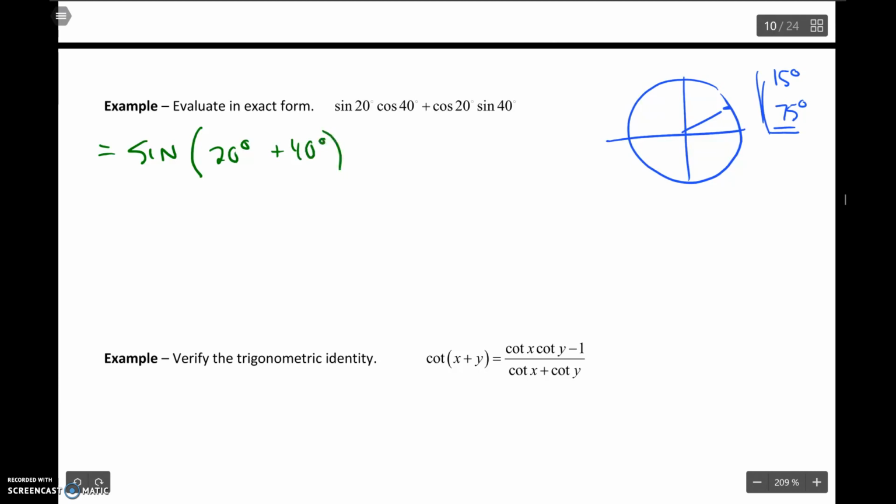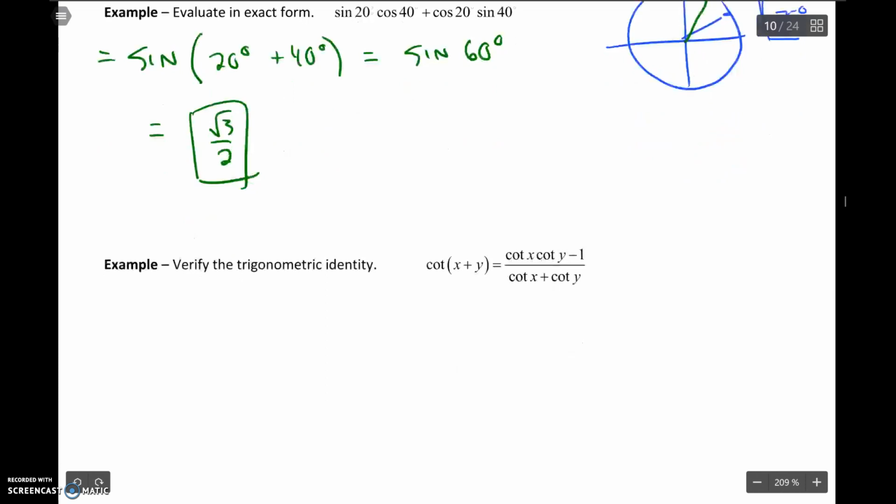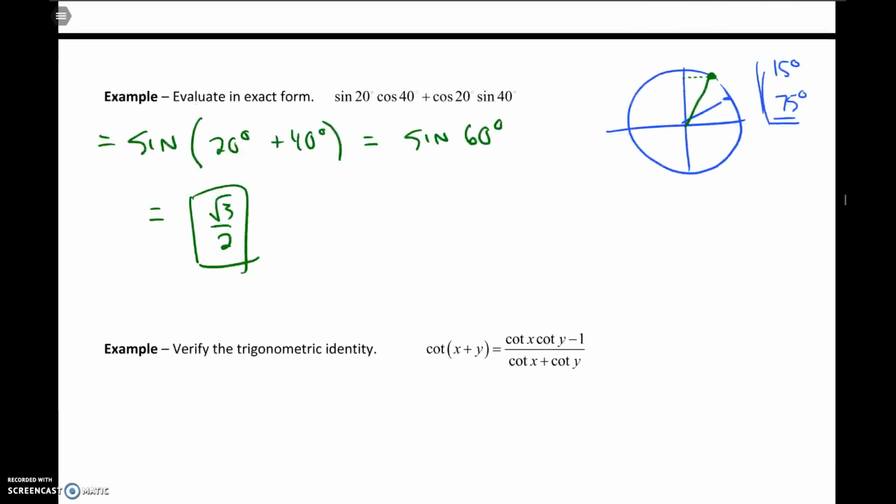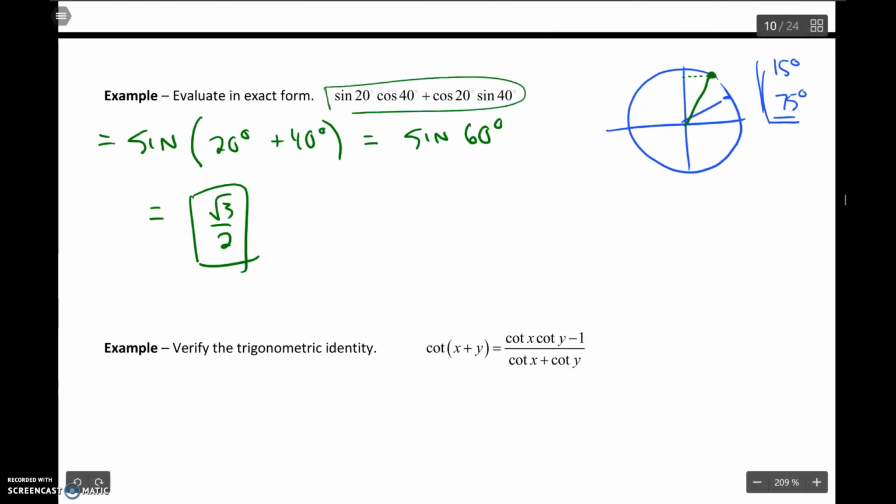It just happens to be exactly the right side that we can work this way. 20 degrees plus 40 degrees is 60 degrees. And now I can use my unit circle. The y coordinate at 60 degrees is the positive square root of 3 over 2. So if you recognize patterns, you can kind of go backwards. And this can be verified on your calculator if you wish. I'm not going to do that.